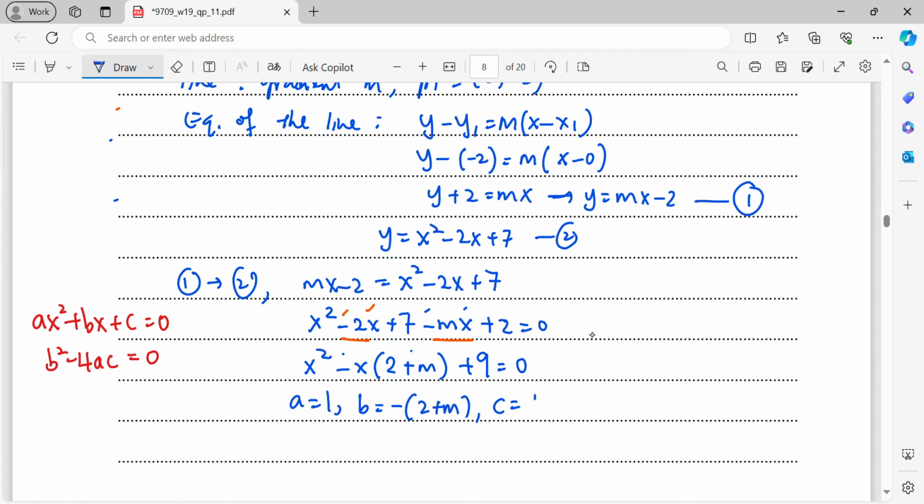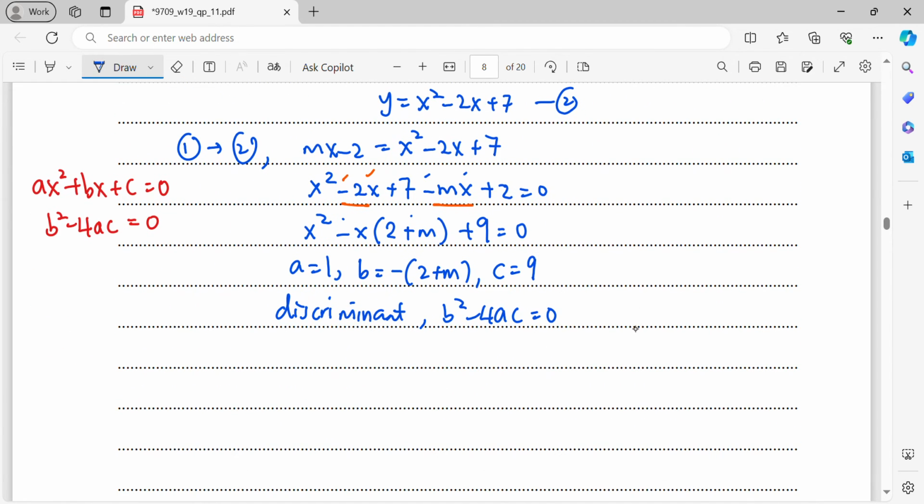Then my c is 9. Now I will write the discriminant, b squared minus 4ac equals 0. Just replace accordingly: negative 2 plus m is my b, so I square it, minus 4, a is 1, c is 9, equals 0.